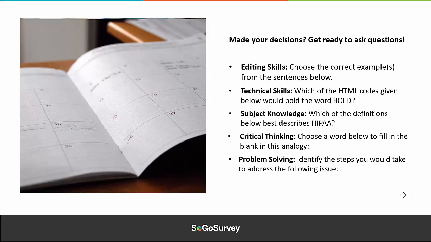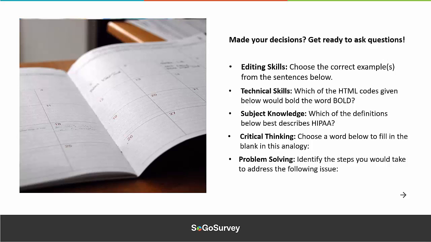So keeping that in mind, once you've figured out exactly what you want to ask, editing is a really big one depending on the role. Certainly very simple, choose the correct example or examples from a series of sentences. In technical skills, you might be asking which of these HTML codes will make a word bold, for example. If you're testing about a specific subject, because it's really important, you might ask, what is HIPAA?